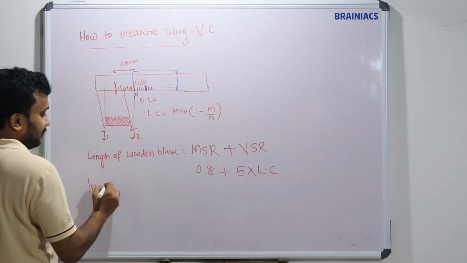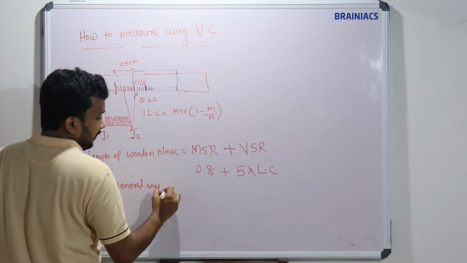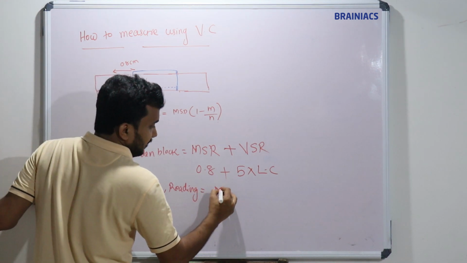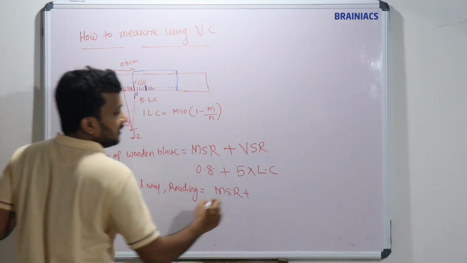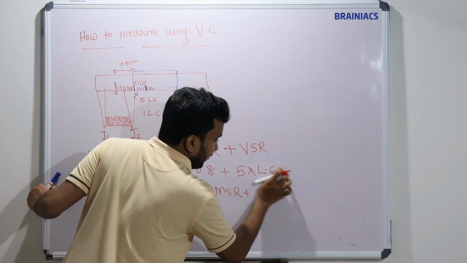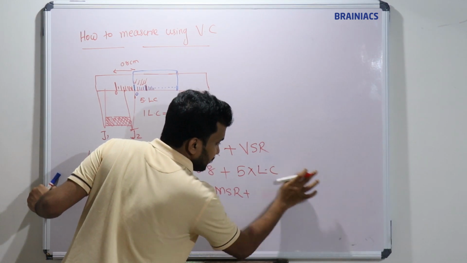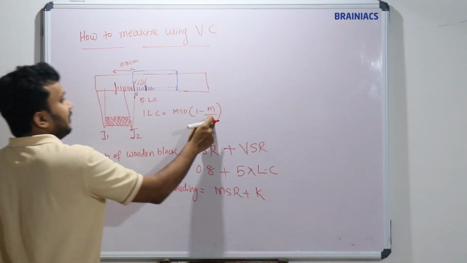So in a general way, I can say reading is equal to MSR, main scale reading, plus vernier scale reading. So how can I write the vernier scale reading? N times the least count. Instead of N, let me put some other letter called K, because N is already used here.